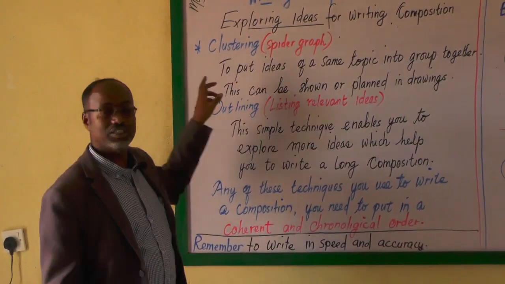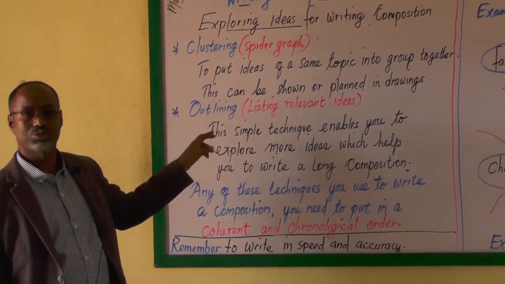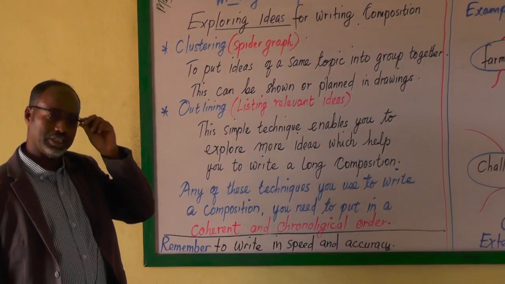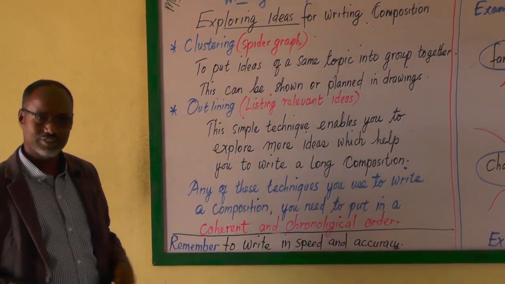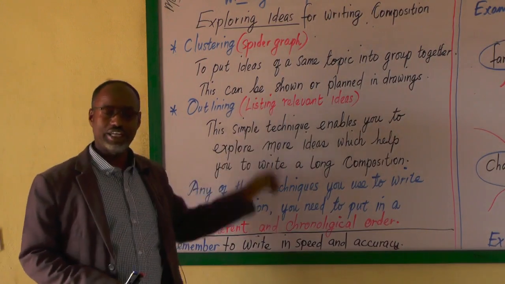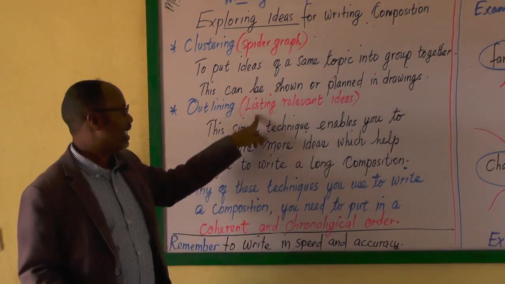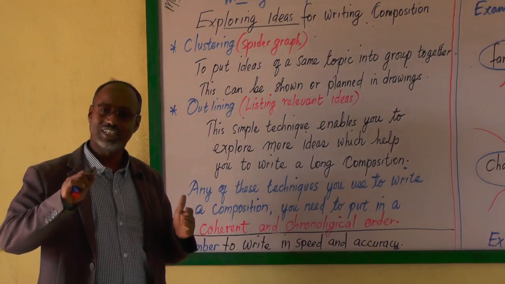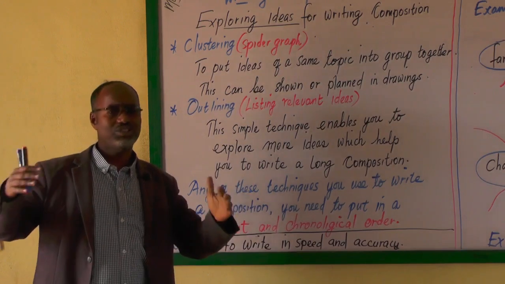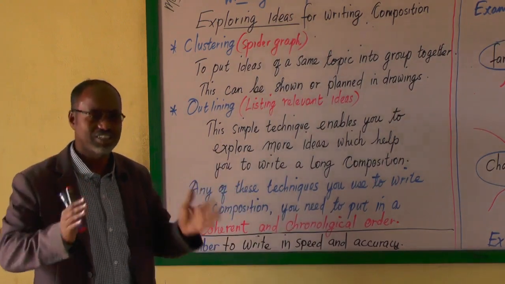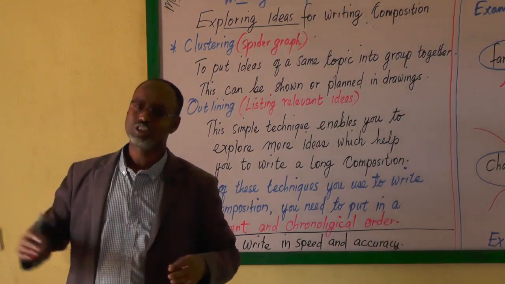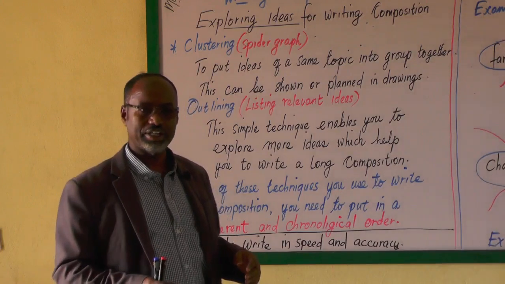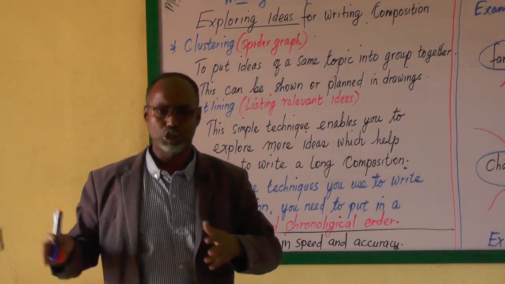Well, the second technique that I want you to use in your writing is outlining. Outlining involves listing relevant ideas which are all about one thing. For example, if you are talking about sport, all your sentences must be about sport.